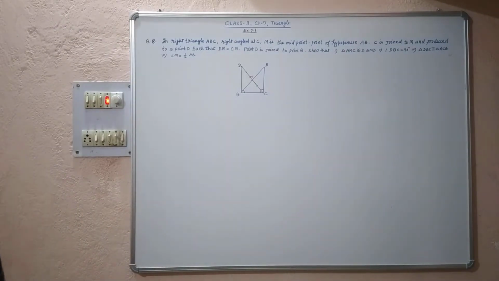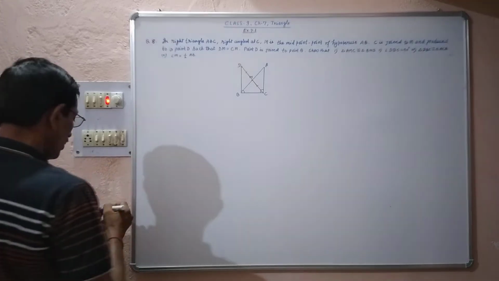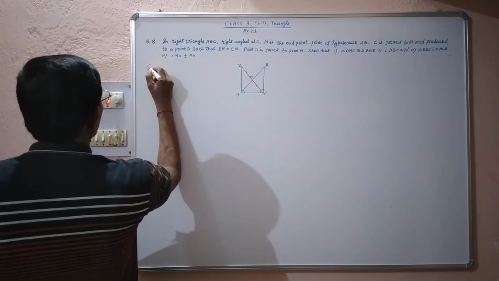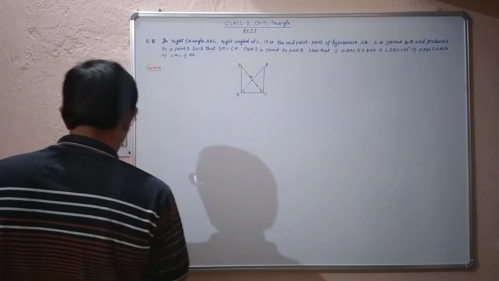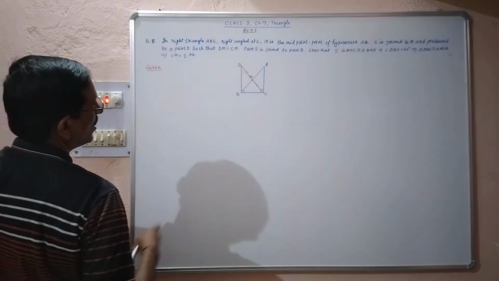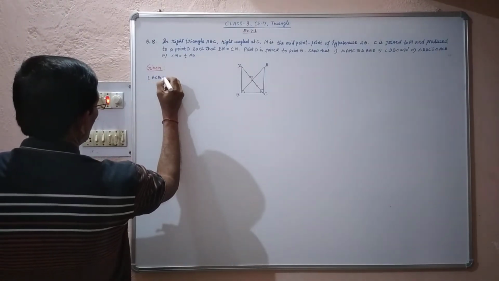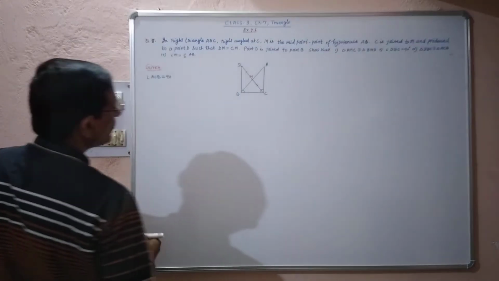So first of all, we write the given information. What is given? We write given. In this, angle ACB is equal to 90 degrees.